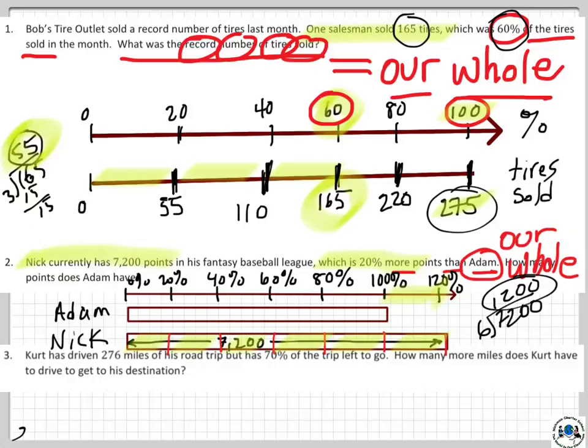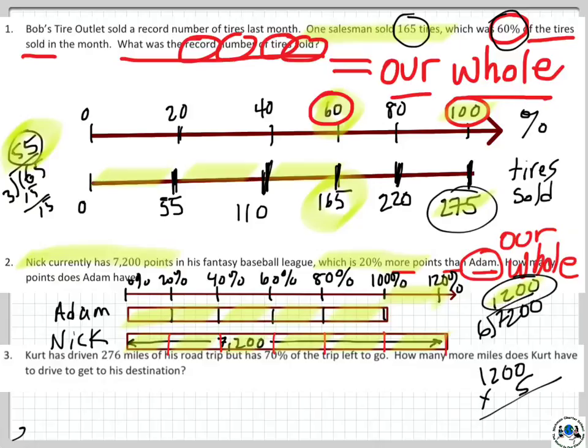Okay, so now that we have that 1,200 number, we can fill in all of Adam's boxes, or we could just do some multiplication because we know Adam has 5 equal segments. All of those segments are going to be equal to 1,200, because we have equal segments of percentage, and all the boxes below Adam's and Nick's contain the same number of points.